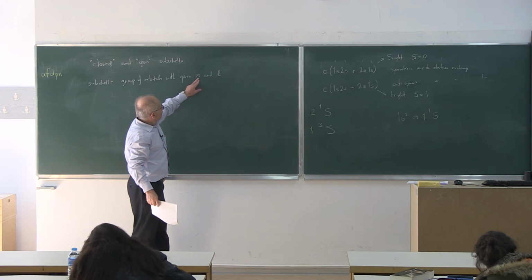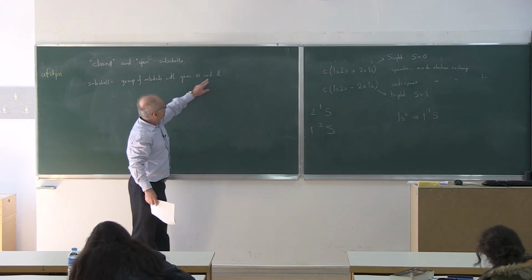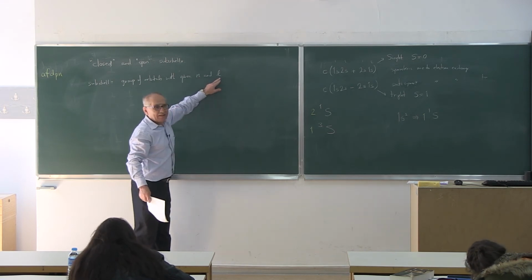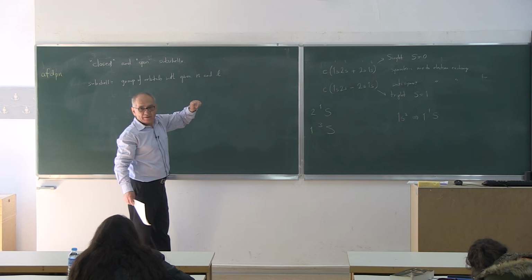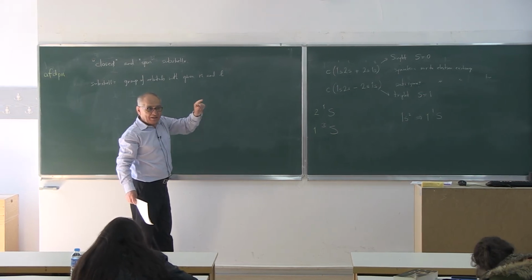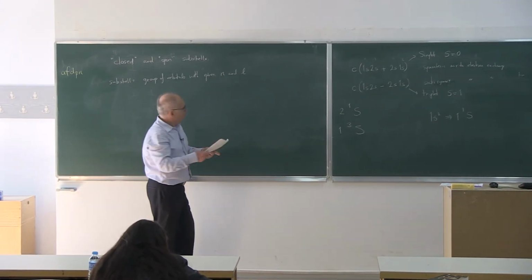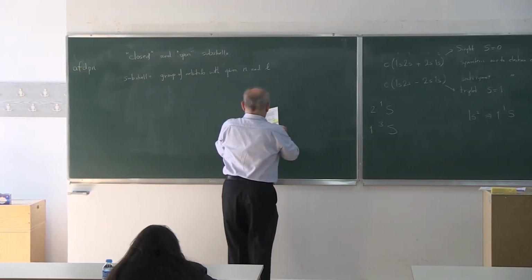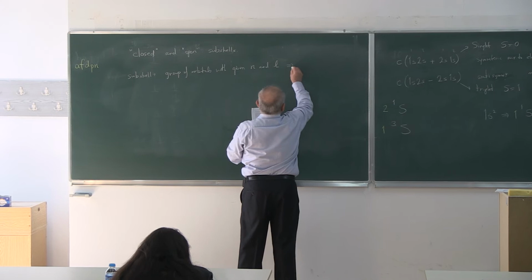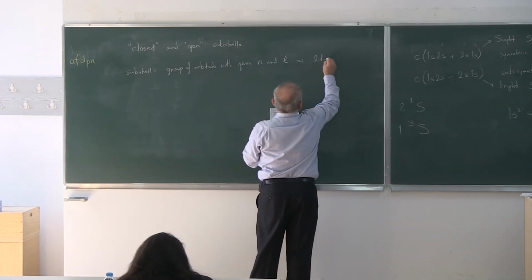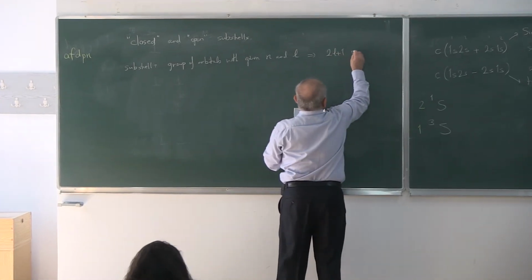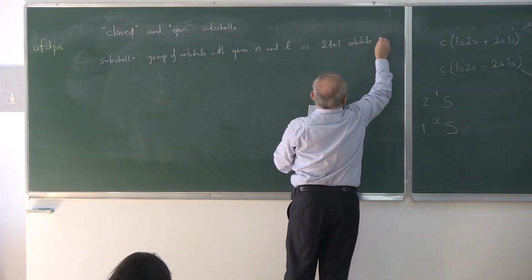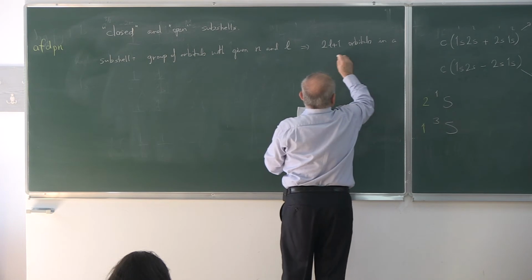Energy depends on both n and L, but please remember that for a given L, there are 2L plus 1 ml values, and therefore there are 2 times L plus 1 orbitals in a subshell.